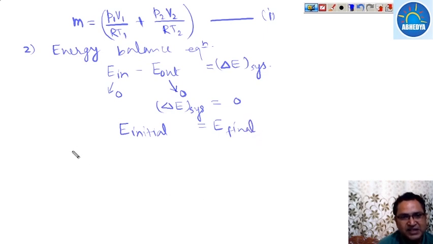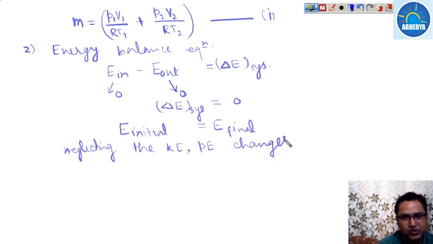Now our assumption is that we are neglecting the kinetic and potential energy changes. So once we neglect them, the internal energy initial, U, would be equal to U final. So what is the initial internal energy?